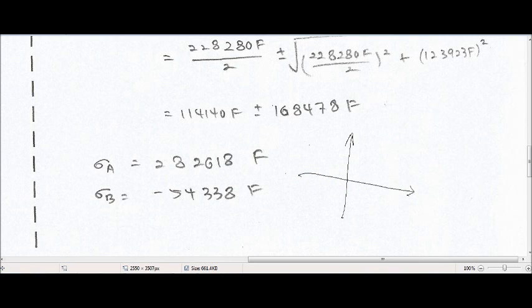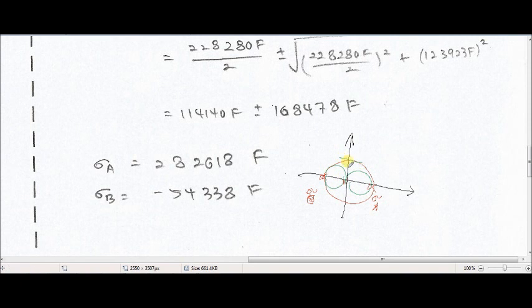Let me review how we should find the maximum shear stress when we have one positive and one negative principal stress. Let's say this is sigma A and this one is sigma B. The third principal stress is 0, and then I have one circle here and another one here.